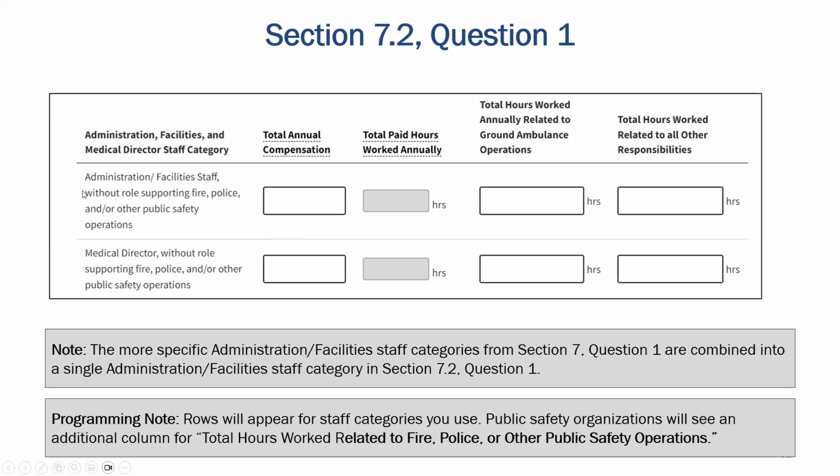So you'll have one row for all of your administration facility staff combined, and then a second row for medical director, and that's it. So many fewer rows for section 7.2 than we had for section 7.1, or in that initial section 7 question where you were marking off checkboxes.